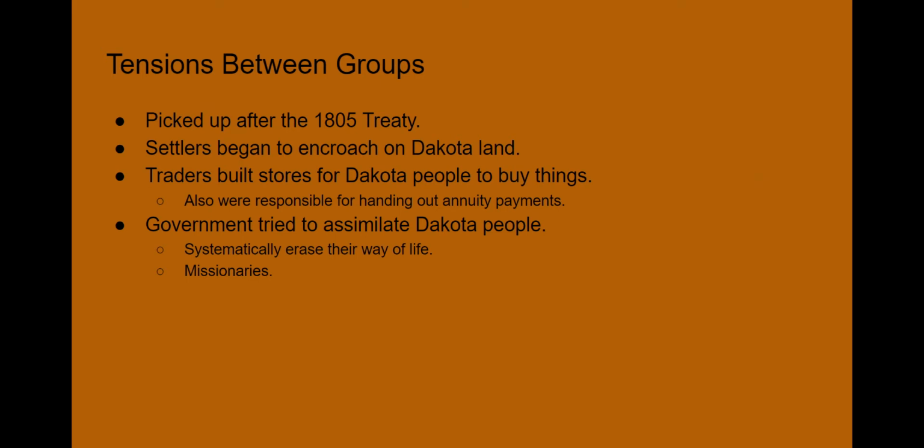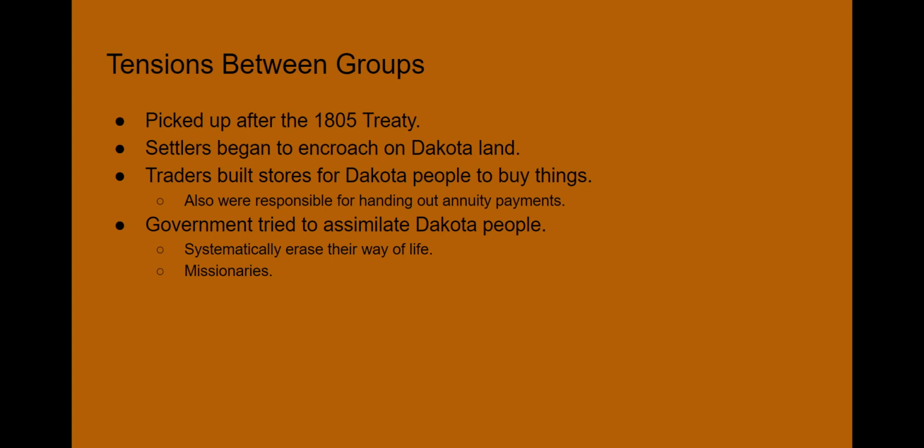As mentioned, there were tensions between the three different groups: the US government, the Dakota, and the white settlers. This picked up particularly after the 1805 treaty. That was mainly for military purposes, but it also opened up the area for settlement by white settlers as well. And soon enough, white settlers began encroaching on Dakota land.